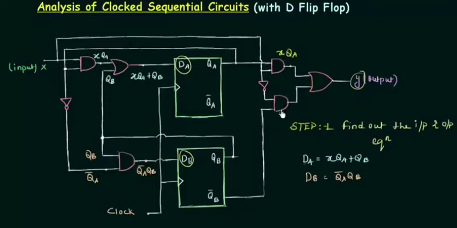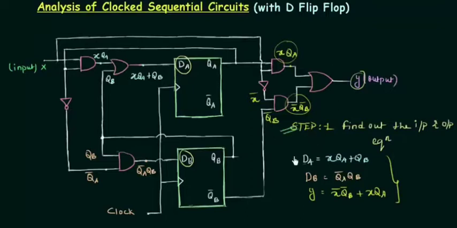For the other AND gate, the first input is QB complement and the other input is X complement, so X complement QB complement. Then we OR these two things and we have our y. So y equals X complement QB complement or XQA. In this way I have my input and output equations and our step 1 is completed.